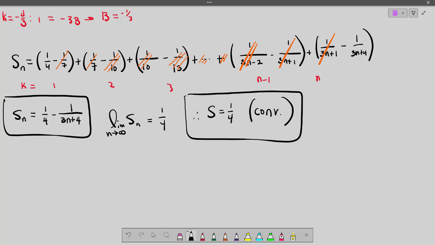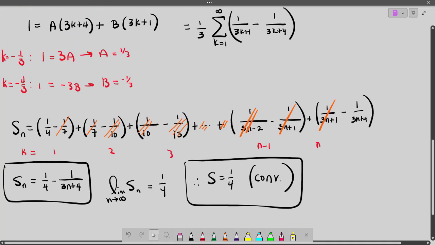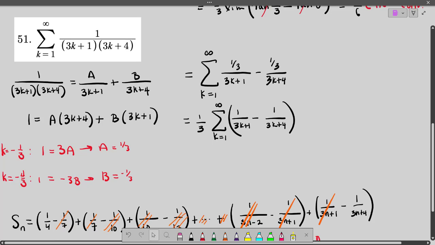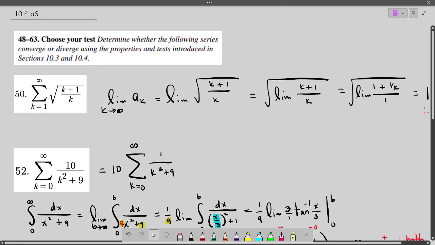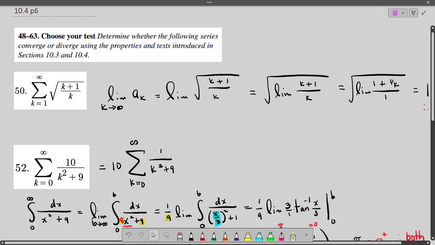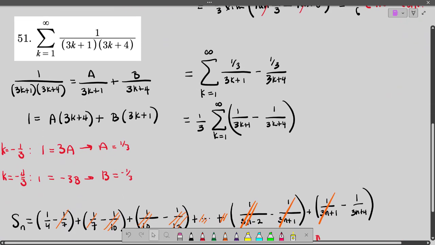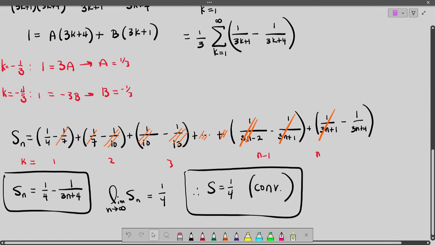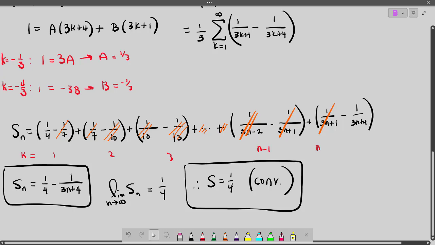So if S equals a positive real number, that tells us that the series is converging to that positive real number. So this series, we can give more information. The question just said, does it converge or diverge? But with this series, we actually can be more specific. It converges to 1/4.